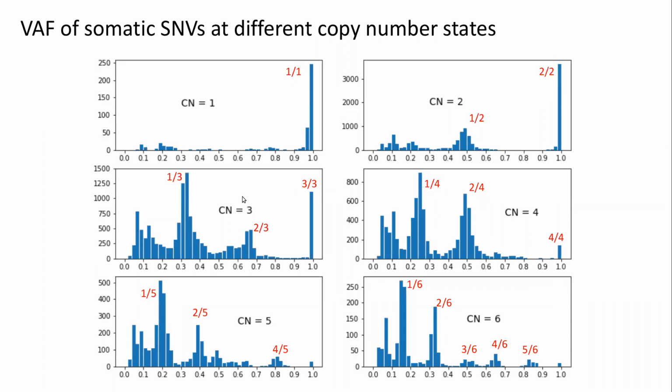At copy number 3, you have peaks at 3 out of 3, 2 out of 3, and 1 out of 3, and the same for copy numbers 4, 5, and 6. But you always have subclonal allele frequencies, where the mutation occurs only in a subset of the cell samples.